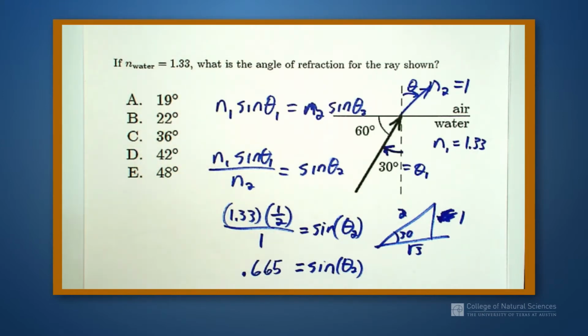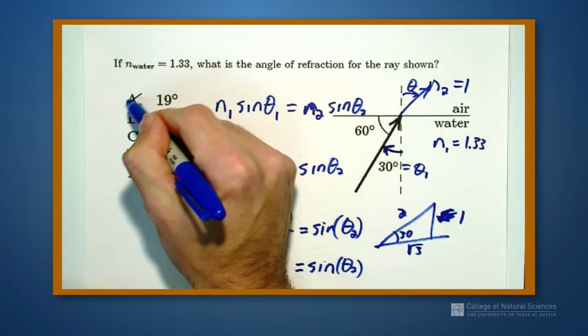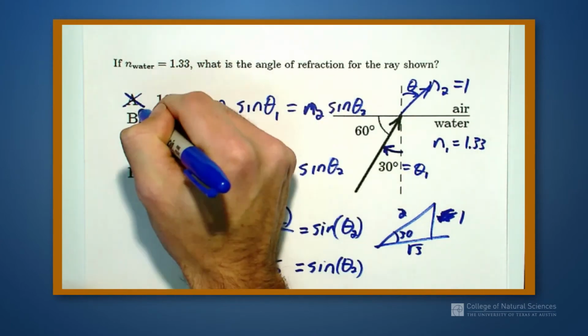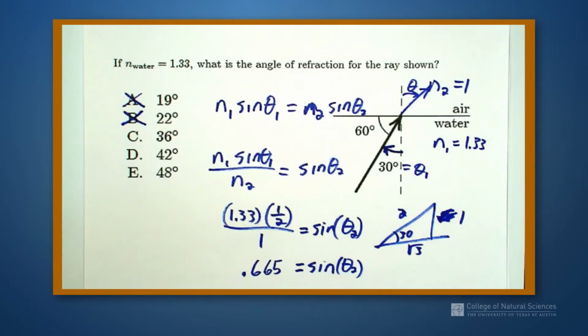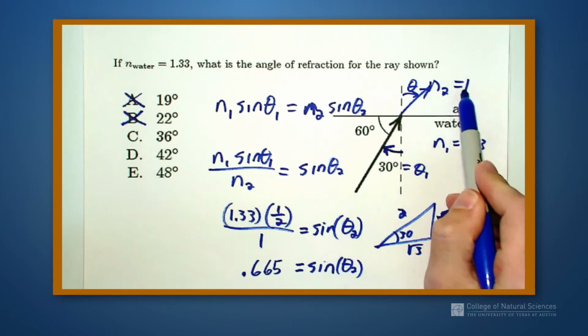Unfortunately, I don't have a calculator in front of me, and doing this in my head, my answers are pretty close. I know that this number, however, is going to be larger than 30 degrees because I'm going from a high index of refraction to a low index of refraction.